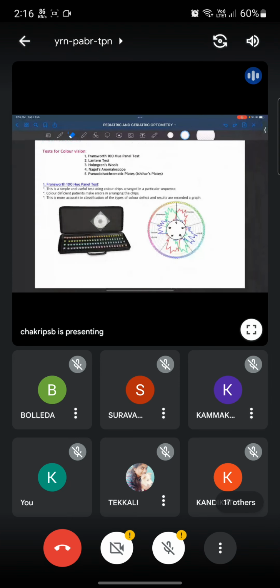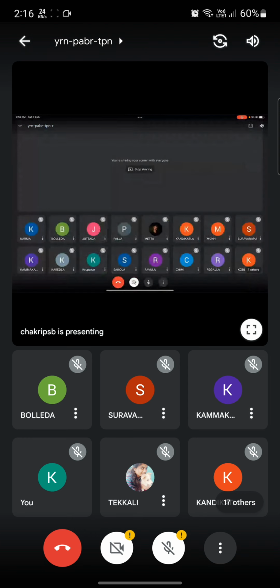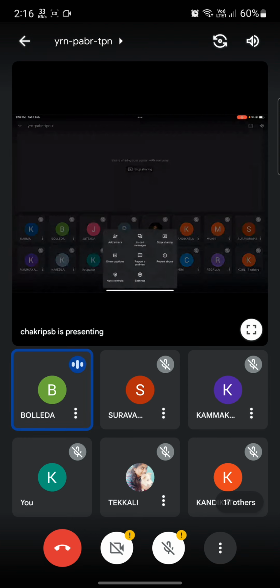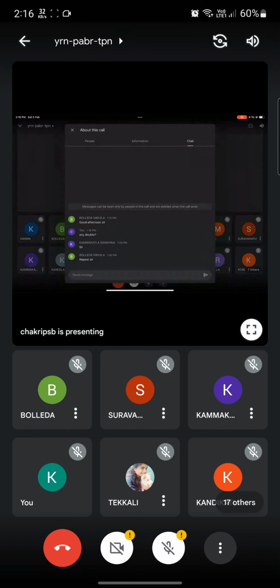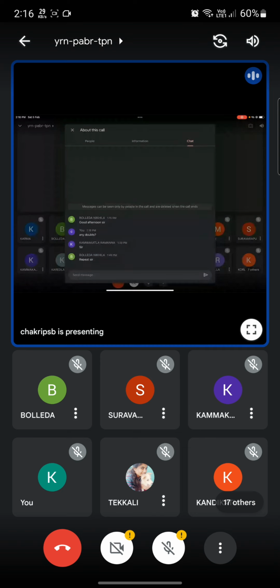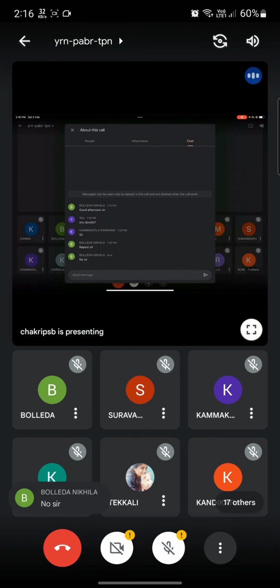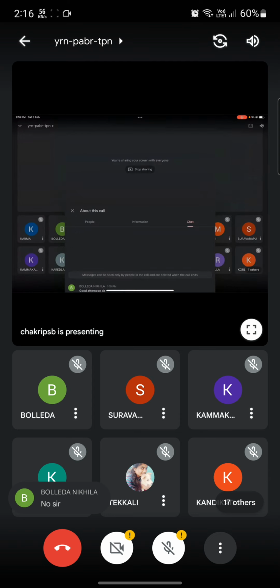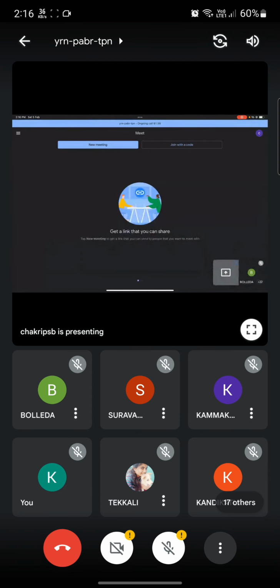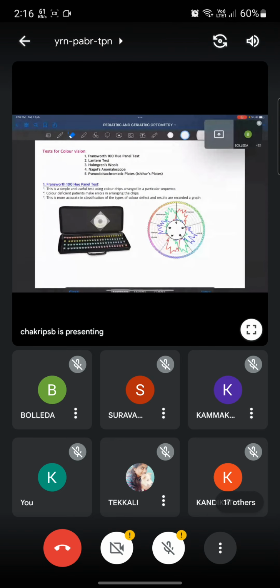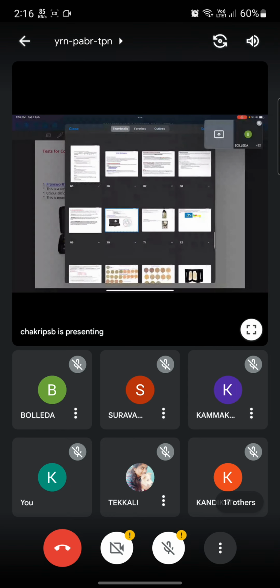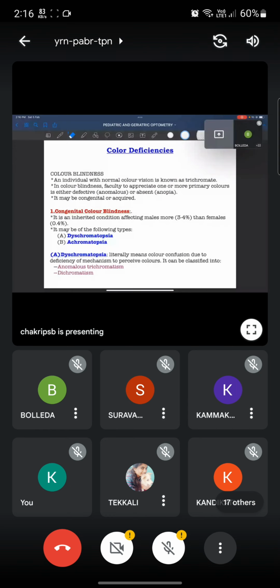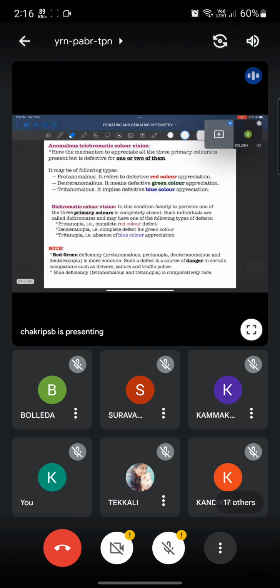Okay, are there any doubts? So these are the color vision deficiencies.